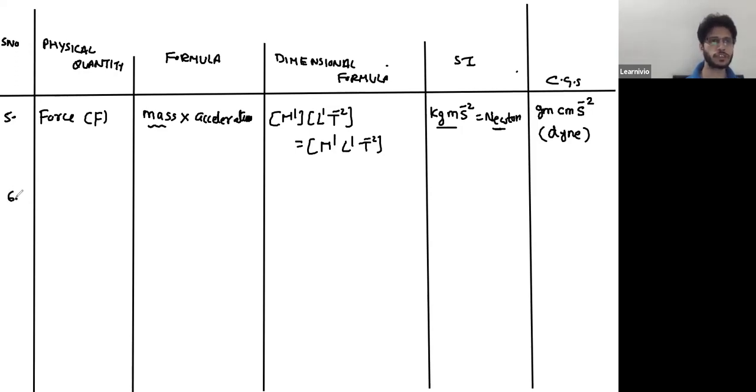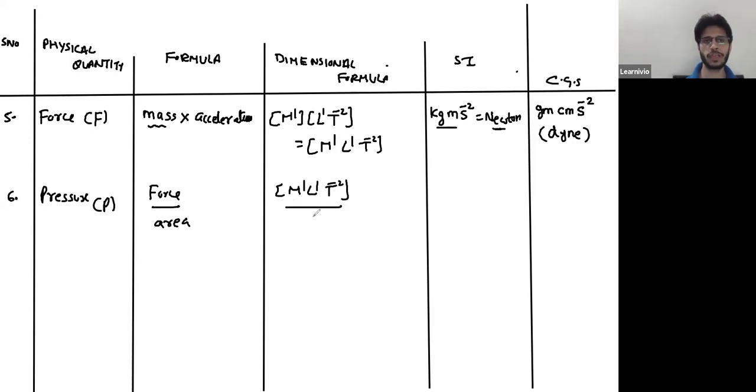After force, the next quantity is pressure. We represent pressure with capital P, and pressure is just the ratio of force and area. So the force is M1 L1 T minus 2 over area, where area is L square.